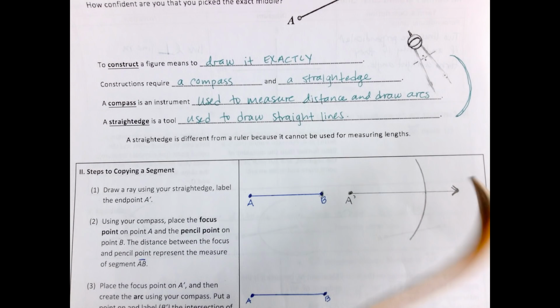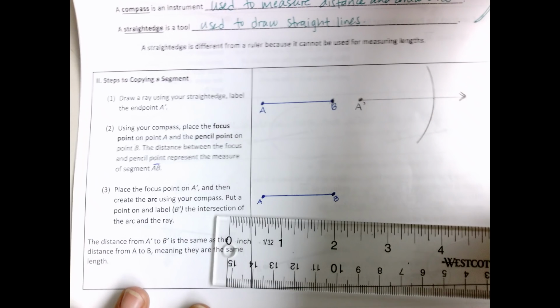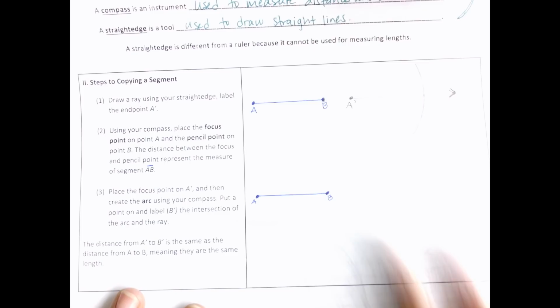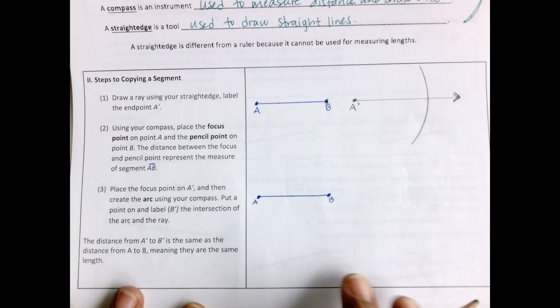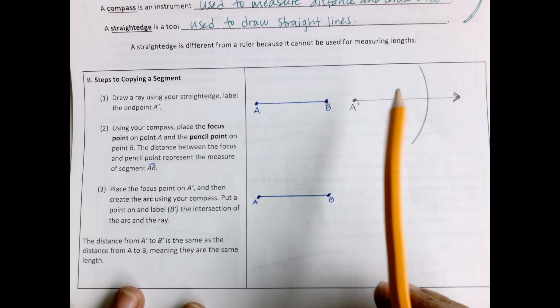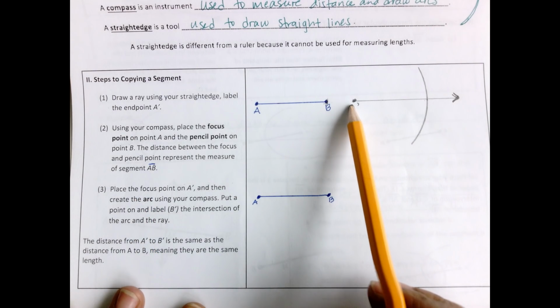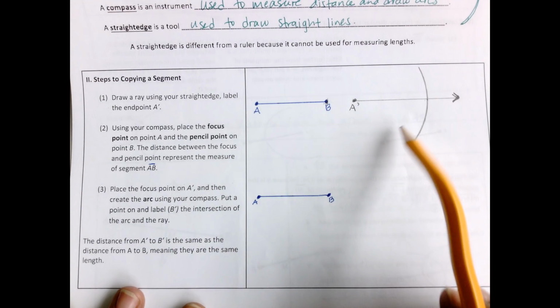Sorry about that. Let me just organize this so it's easier for you to see. Okay, so we placed our focus point on A prime. Then we created the arc using the compass.